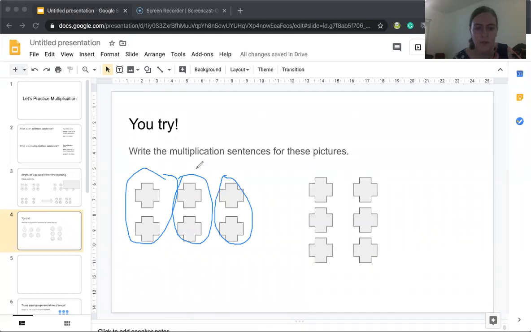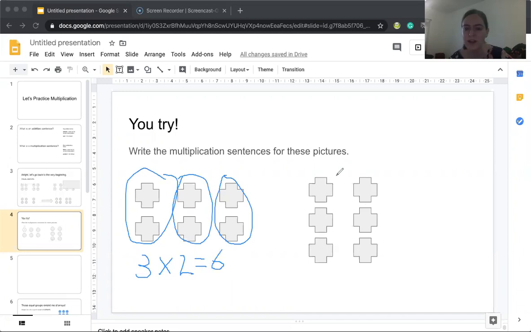So I have 1, 2, 3 groups. Need my multiplication symbol, my X. And in each group I have 1, 2. So the multiplication sentence for this picture is 3 times 2. If I want to put the answer, 3 times 2 is 6.